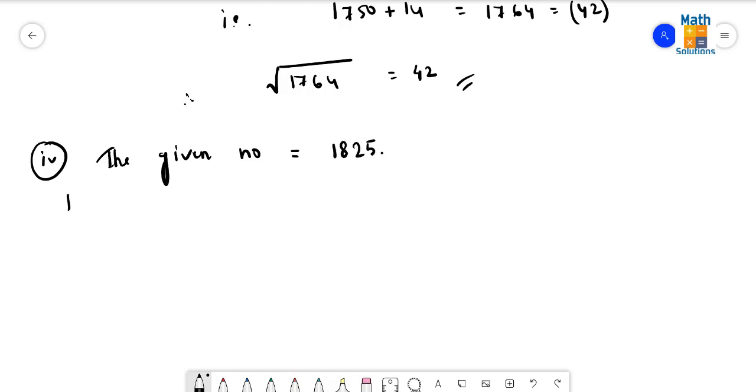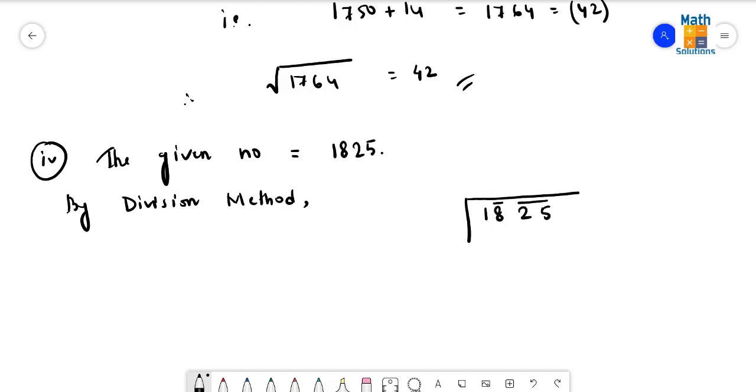By the division method, what would we get? Let us check. 1825. Let's do pairing. Then I can put here 4 fours are 16. Put minus here. Then 225.